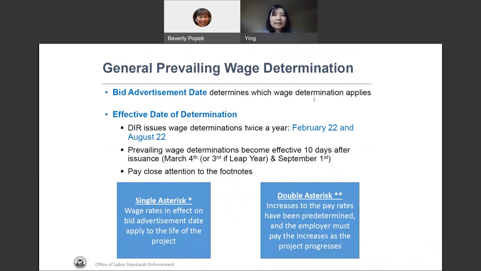If you see one single asterisk after the expiration date, that means the whole wage determination is going to be in effect for the lifetime of the project. If you see double asterisks after the expiration date, it means there are increases being set forth in the wage determination itself, and you are going to pay a higher rate as the project progresses.